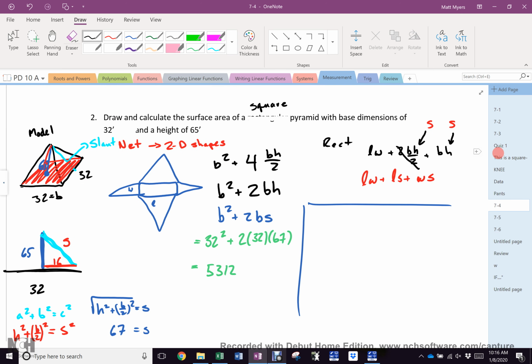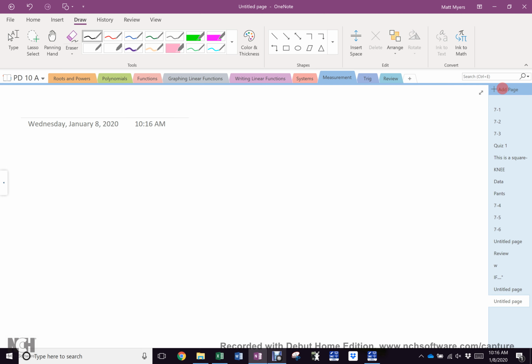Now, let's talk about pyramids. How does a pyramid relate to a prism? Let me show you what I mean. 8, 8. Let's keep it a square on the bottom.